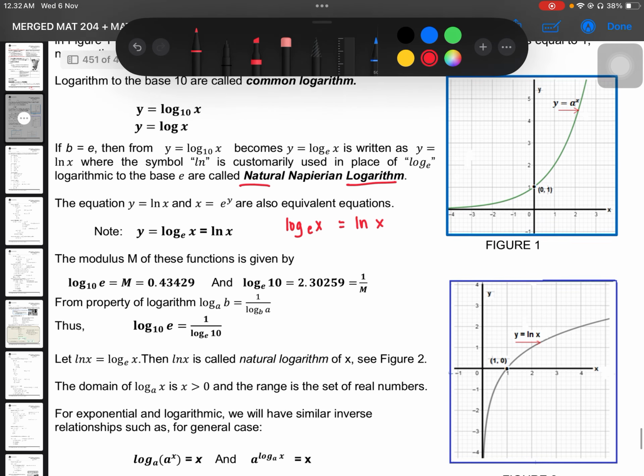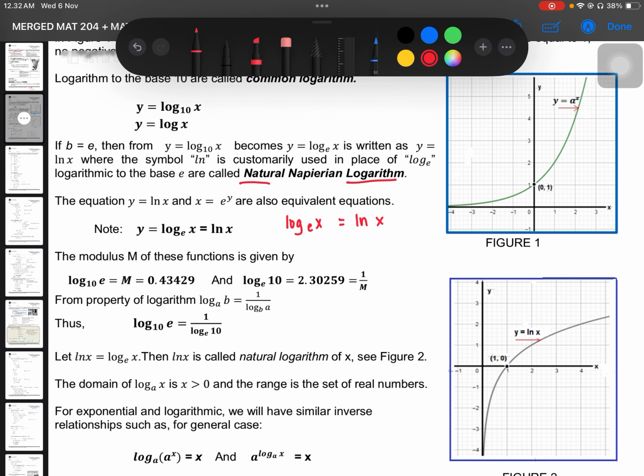Okay. So now, dito sa inyong module, pinapakita rin that the logarithm of e to the base 10 is equal to m. Okay? So, the modulus m, ibig sabihin, constant yan. Meron na siya agad value. Okay? So, yan ay actually nakasave din yan sa calculus. Okay?